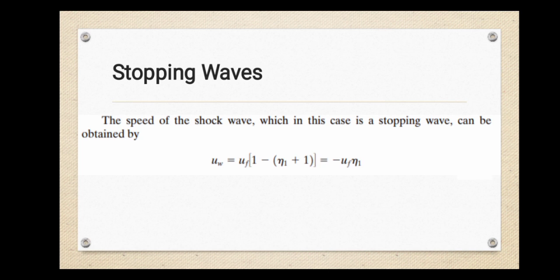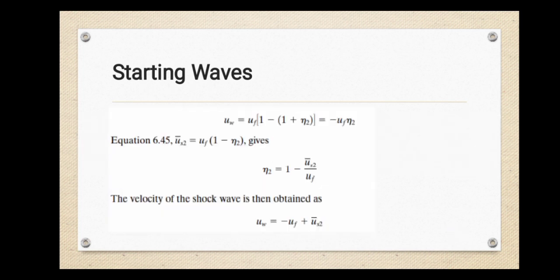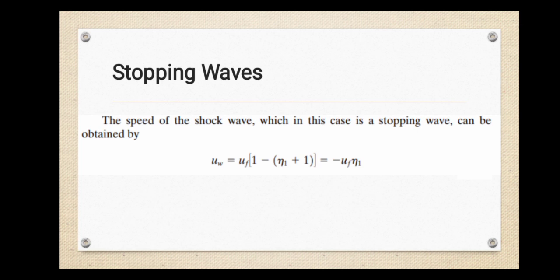When the traffic signal changes to red, the traffic at the stop line of the approach comes to a halt, which results in a density equal to the jam density. So the speed of the shock wave, which in this case is a stopping wave, can be obtained by this equation.